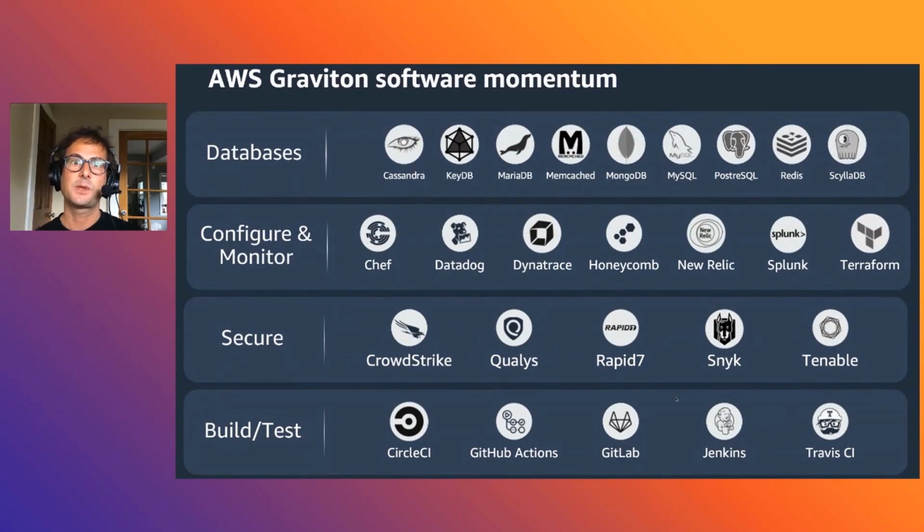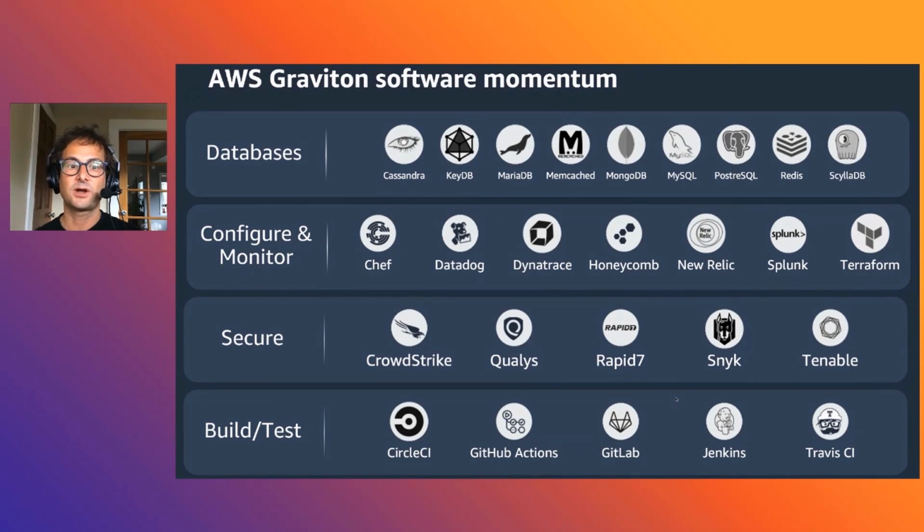In terms of ISVs and partner support, the Graviton2 based instances now have support from many different commercial softwares. On the database front, we have support from all the major open source databases, including Cassandra, KeyDB, MariaDB, ScyllaDB.